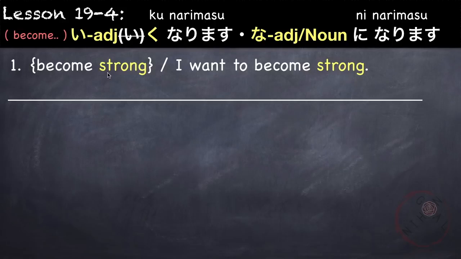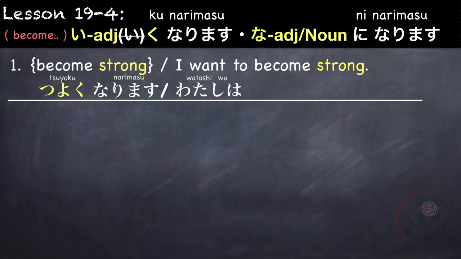So, strong in Japanese is tsuyoi. So, tsuyoi, remove i and replace that with ku. Tsuyoku followed by narimasu. Tsuyoku narimasu, become strong. So for example, in our sentence, I want to become strong.